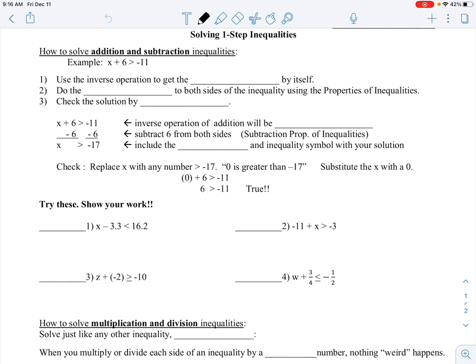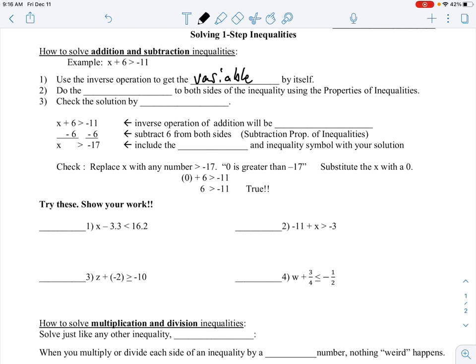Just like equations, we're going to do the inverse operation to get the variable all by itself. We want to know not what x is equal to anymore, we want to know what x is either greater than or less than and possibly equal to in our inequality.